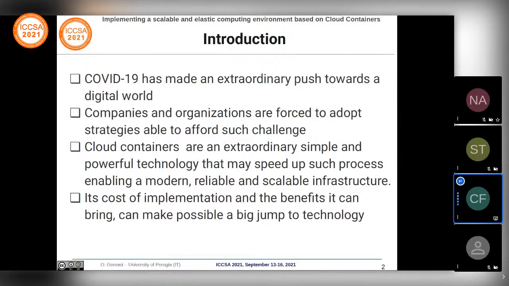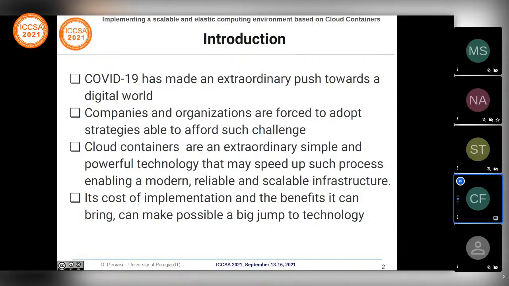The other part is that the time spent to acquire the competencies is well spent because these competencies will be very helpful for the future of the organization. So this design can be suited for companies, public administrations, organizations in general.